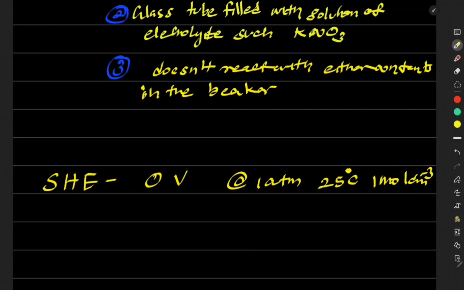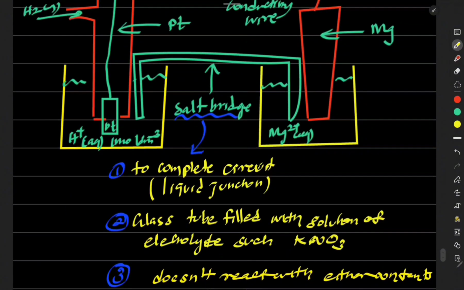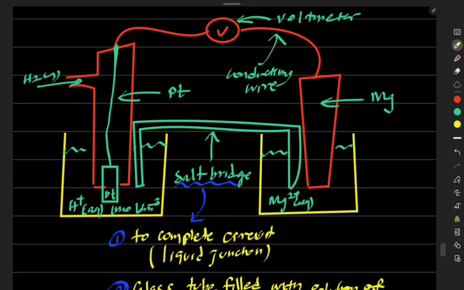For example, if we take the above cell, this electrode and this electrode, the voltmeter reading is, for example, 2.37 volts, and the voltmeter shows magnesium as the negative electrode and hydrogen as the positive electrode.